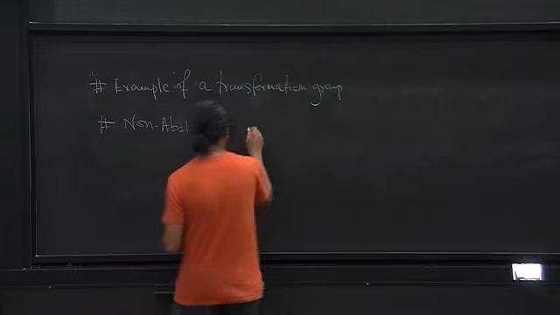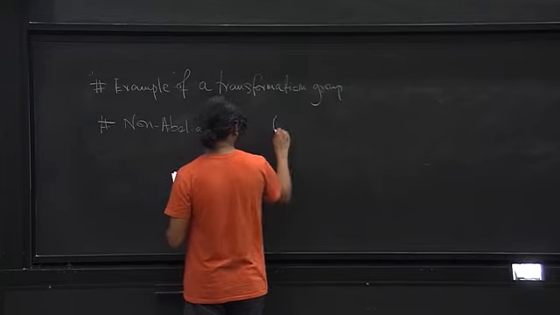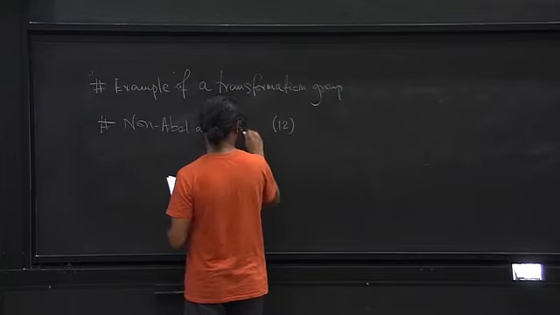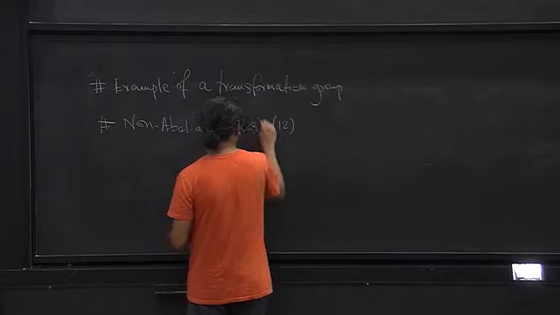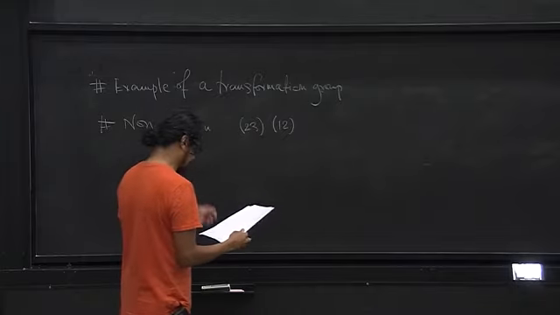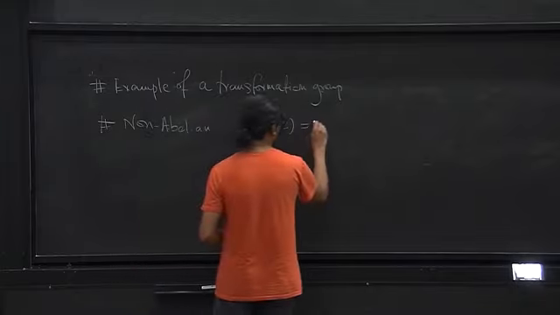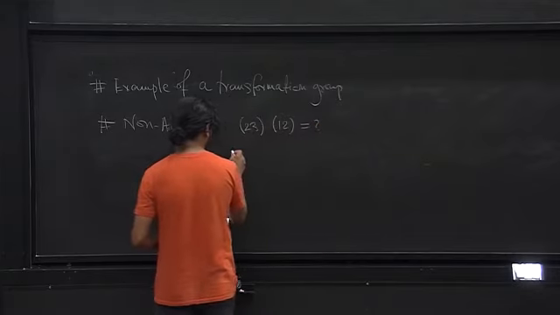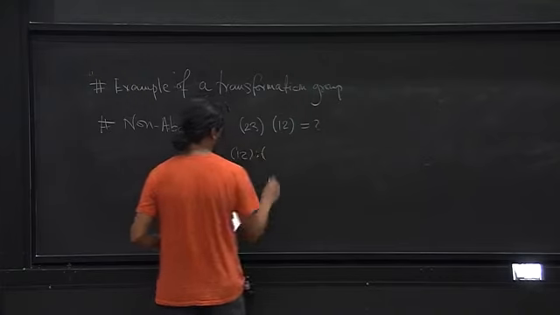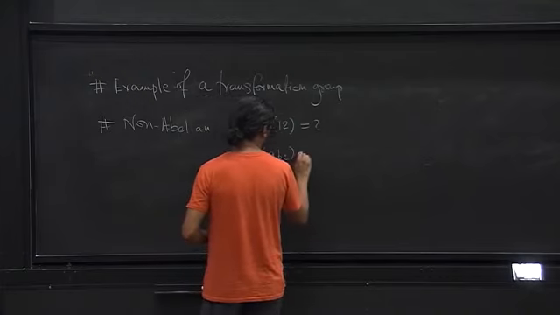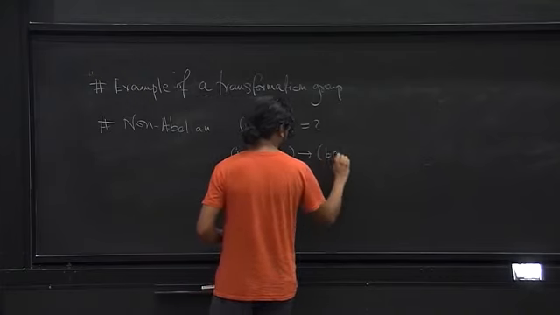So for example, if we apply (1 2) first and then (2 3) after that, what do we get? Applying (1 2) on ABC, we get BAC.